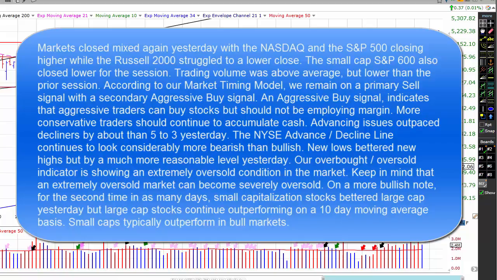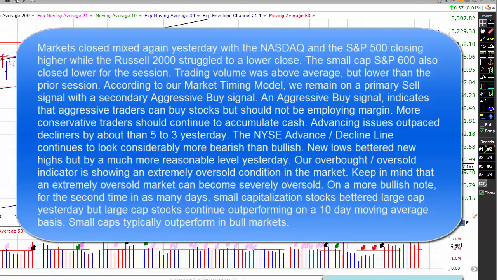As we noted earlier, the New York Stock Exchange Advanced Decline Line continues to look considerably more bearish than bullish. New lows bettered new highs, but by a much more reasonable margin yesterday. Our overbought, oversold indicator is showing an extremely oversold condition in the market. Keep in mind, an extremely oversold market can become severely oversold.